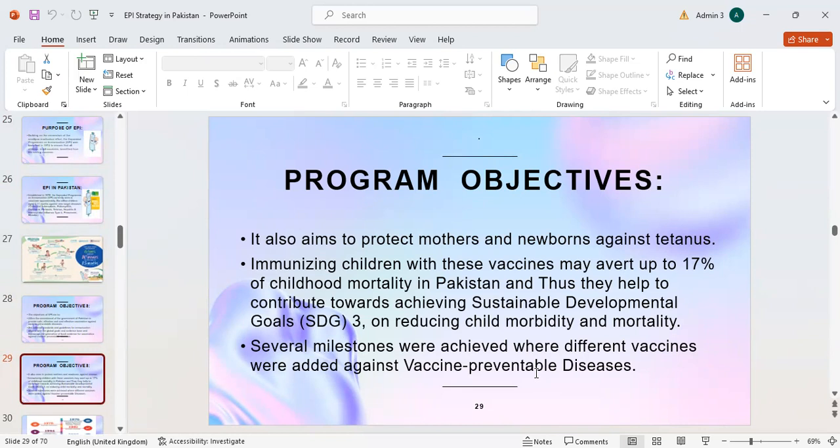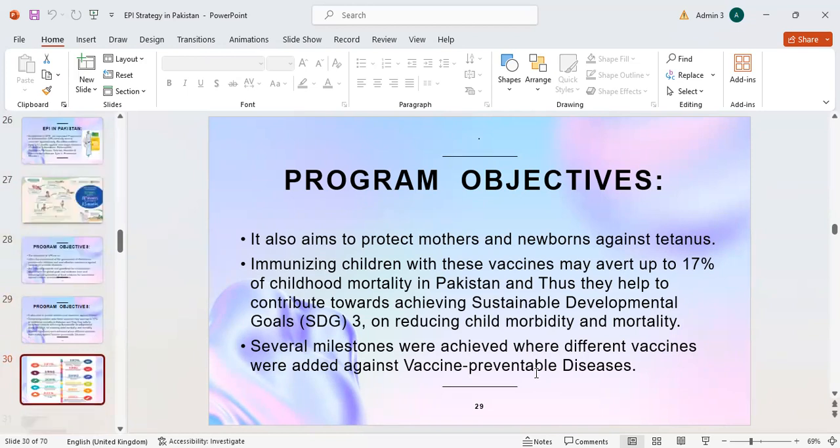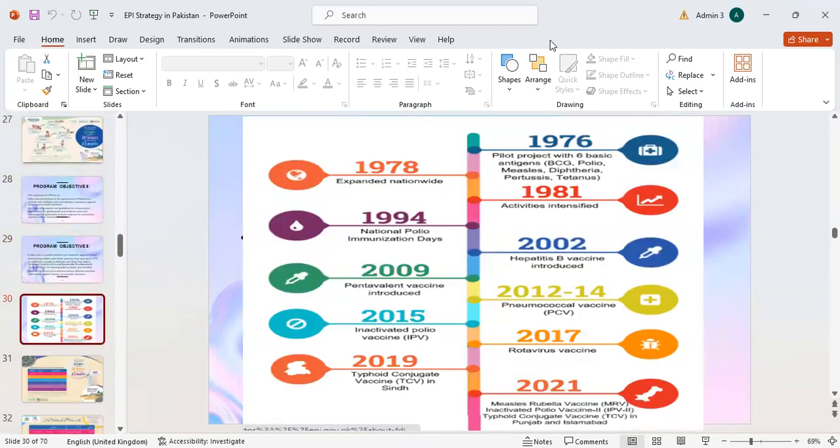Several milestones were achieved where different vaccines were added against vaccine preventable diseases. In 1976, a pilot project with the 6 basic antigens: BCG, polio, measles, diphtheria, pertussis, and tetanus. In 1978, expanding nationwide, and in 1981 activities intensified. In 1994, National Polio Immunization Days, and in 2012 hepatitis B vaccine introduced.